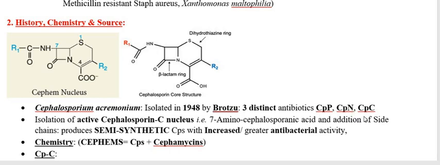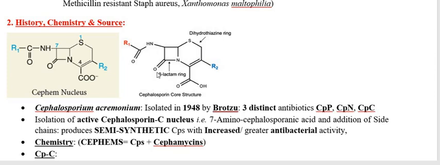From cephalosporin C, the scientists isolated the cepham nucleus, or 7-aminocephalosporinic acid, the active moiety of the cephalosporin.